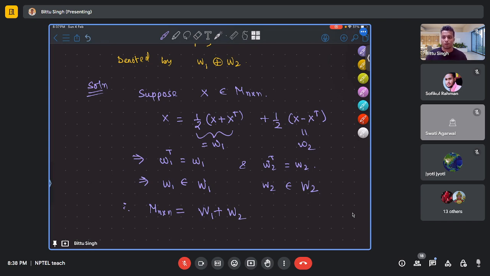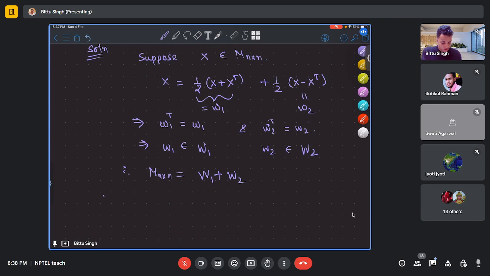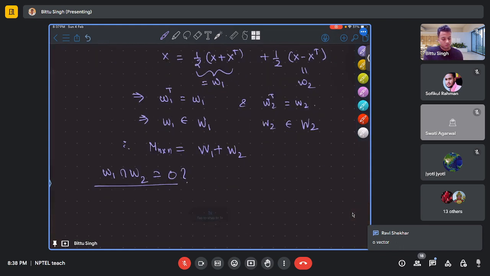What is the condition? We need to check whether the intersection of W1 and W2 is 0 or not. So let us take an element from the intersection. Suppose C belongs to the intersection of W1 and W2.